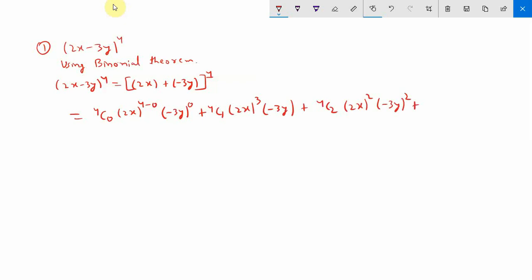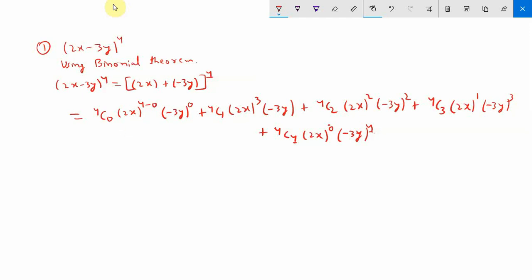The fourth term is 4C3, 2x to the power 1 and minus 3y to the power 3, plus 4C4, 2x to the power 0 and minus 3y to the power 4. See, in each term, this is equal to r and this is equal to n minus r. Okay.